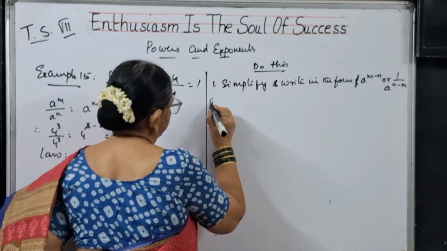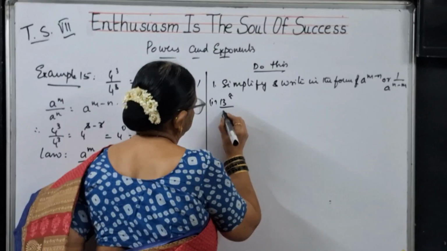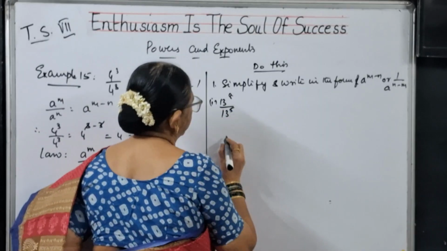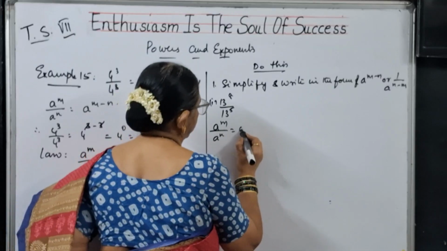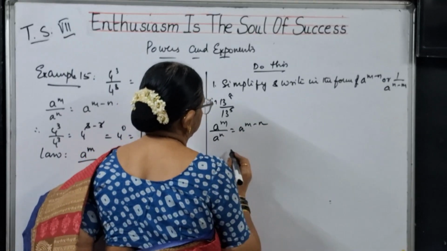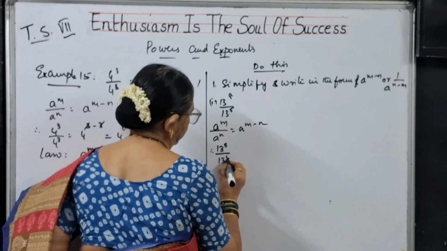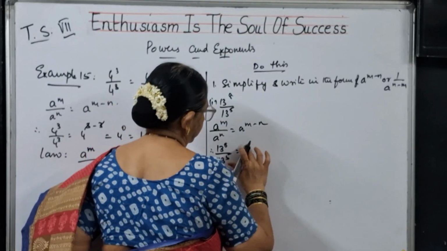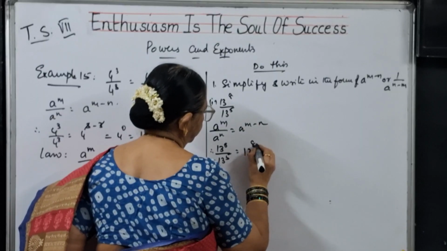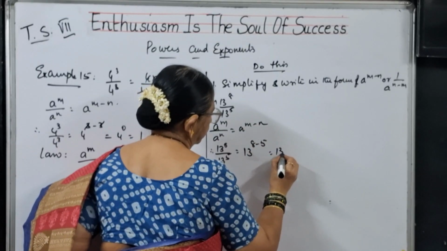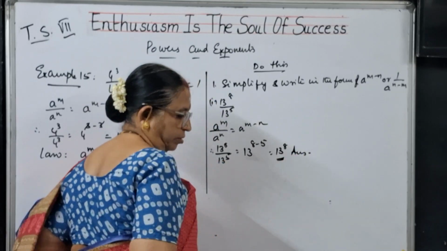So first one, 13 to the power of 8 by 13 to the power of 5. We know that a to the power of m by a to the power of n is a to the power of m minus n. Therefore, 13 to the power of 8 by 13 to the power of 5 is 13 to the power of 8 minus 5, that is 13 to the power of 3 is the answer.